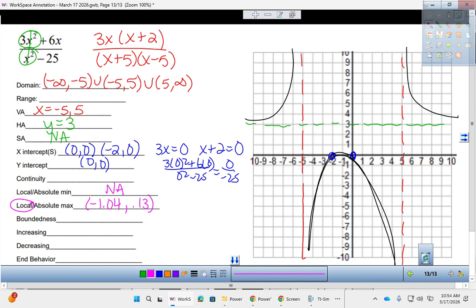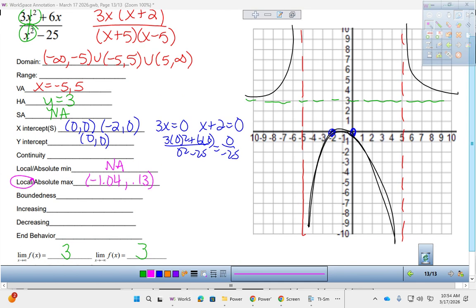This is going to affect our increasing and decreasing because this interval here is an increase, which if I'm looking at my domain, this is my -infinity to -5. But the middle interval, -5 to 5, is 2 different things. So we have to break that up. We've got an increase on this side, but a decrease on this side.